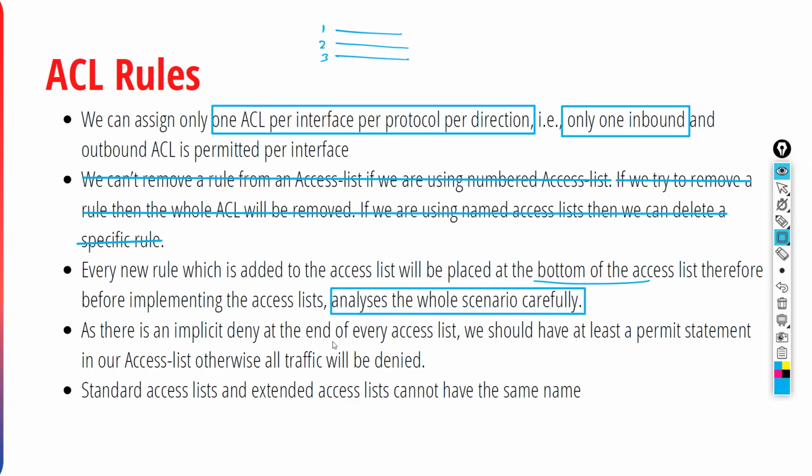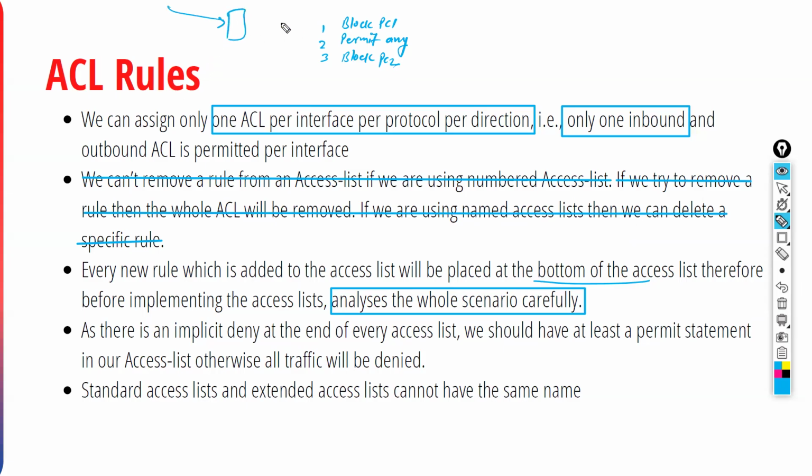Why? Because there is a possibility that I say I want to block PC1. Then, for example, in the second rule I say permit any. That means permit everything. Then in the third rule, I say block PC2. So what will happen whenever the traffic hits the ASA interface?